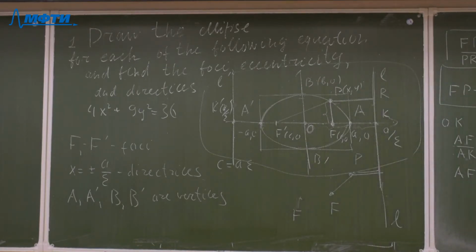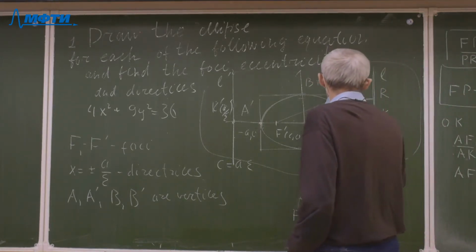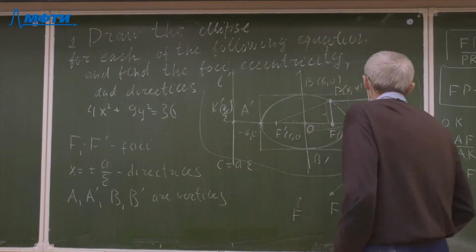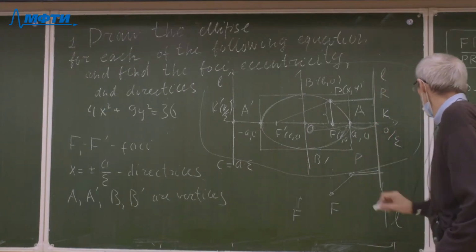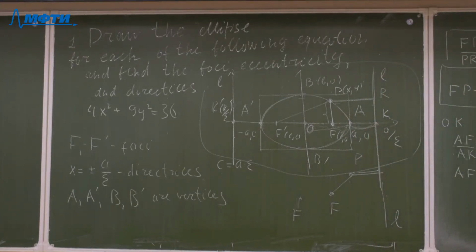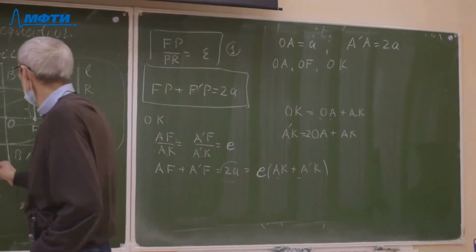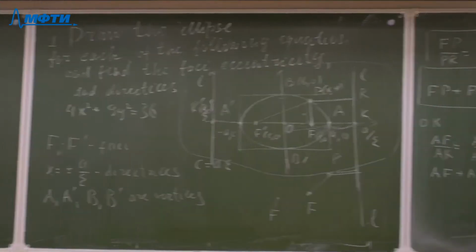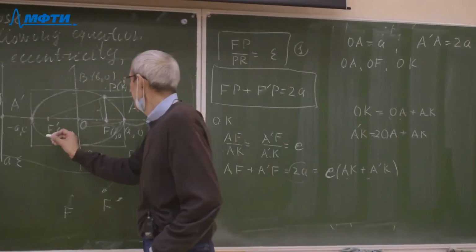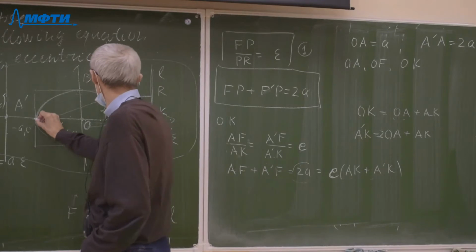And by definition, this sum is equal to E times (AK plus A prime K). Easy to see that OK is equal to OA plus AK. And A prime K is equal to twice OA plus AK, because twice OA is equal to A prime A.